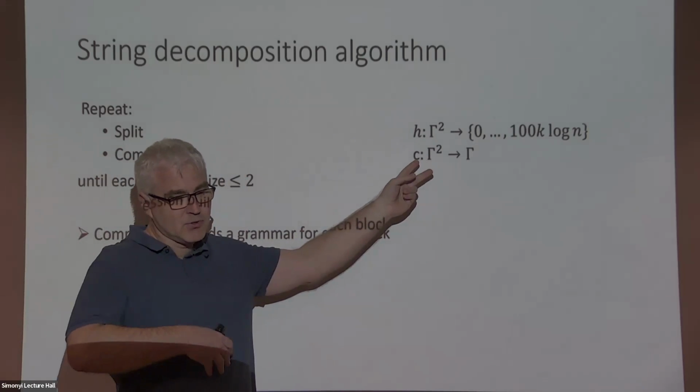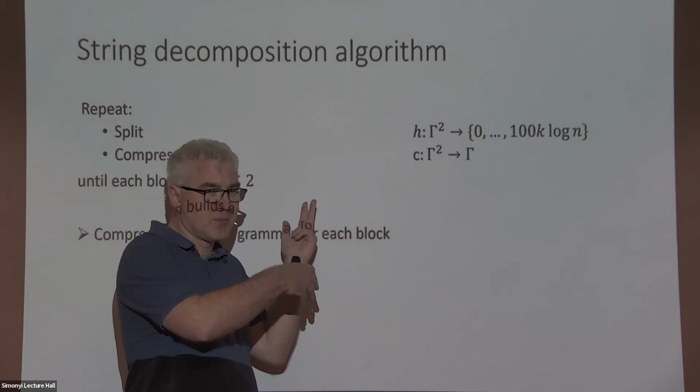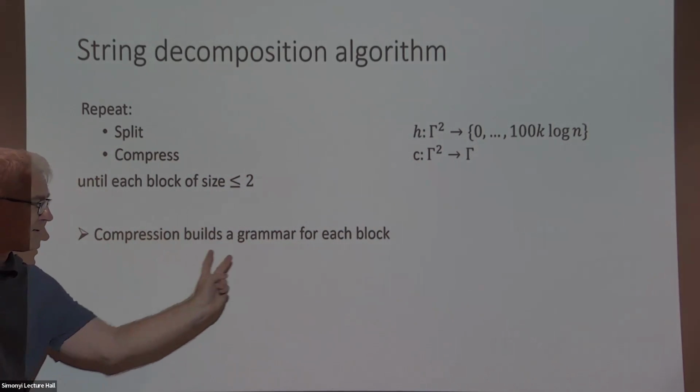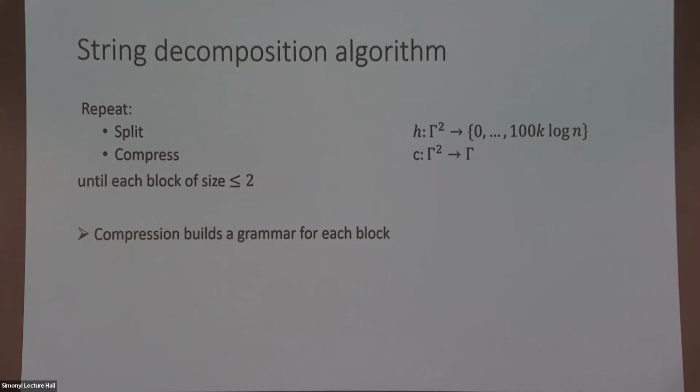Then you will have few rules to put into your grammar, because you observe only very few distinct pairs in your string, at most k different pairs. If the splitting didn't kick in, you have few pairs, so you have few additional rules in your grammar.